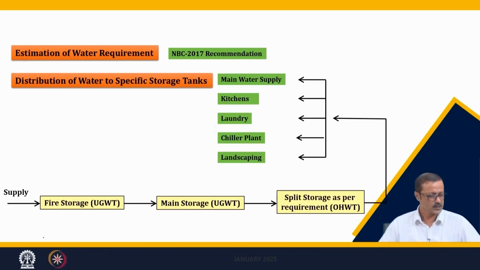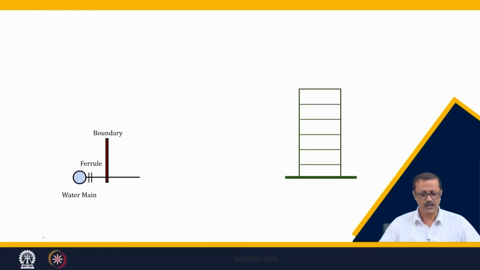Now my area of concern is the energy requirement of this particular water supply, mostly if it is pumping. In a building, from the municipality water main through a ferrule, which is a kind of attachment from the municipality line or the corporation line to a private line, it is a kind of nozzle.